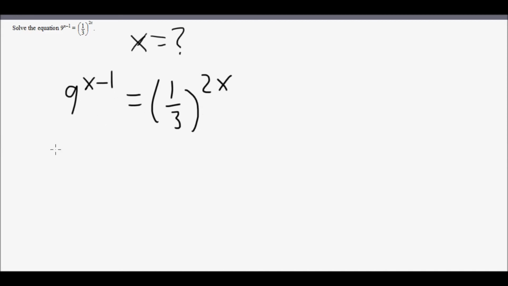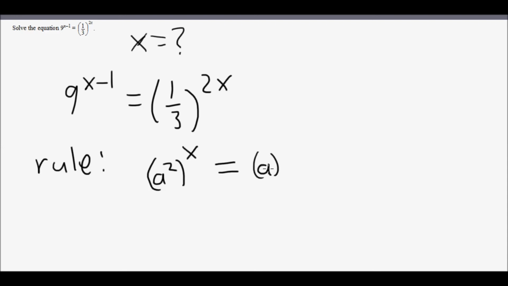So here we will use an exponent law, and this rule states that if we have a number, for example a squared, and this is to the power of x, and this is equal to, let's say, a to the power of 5x.